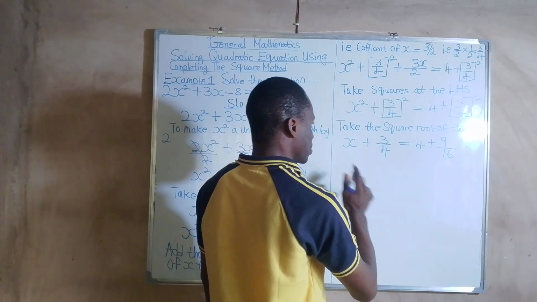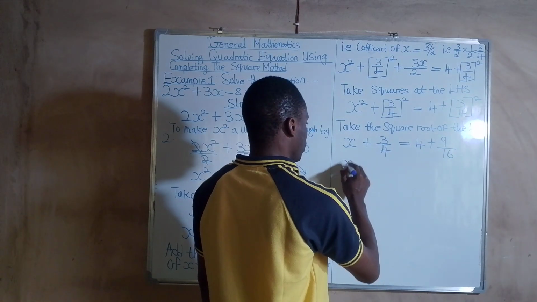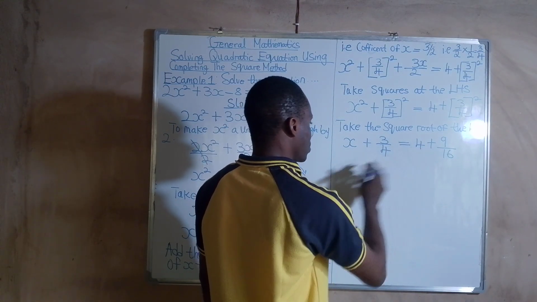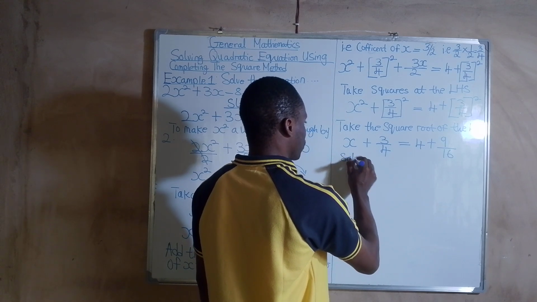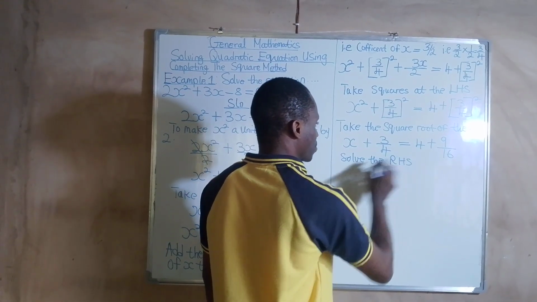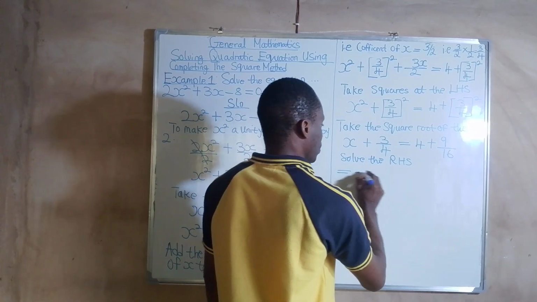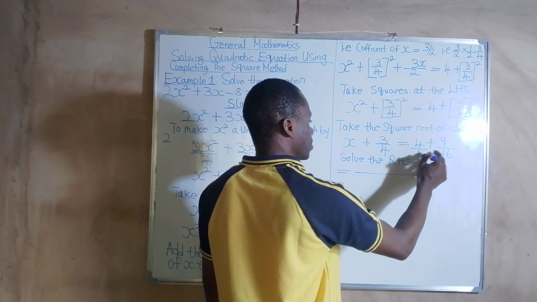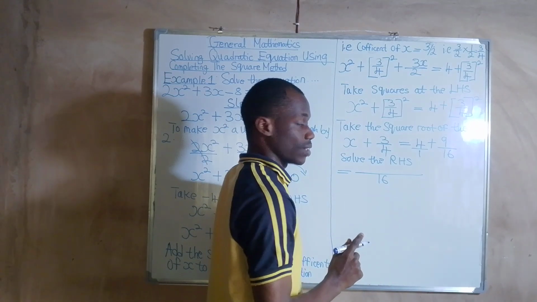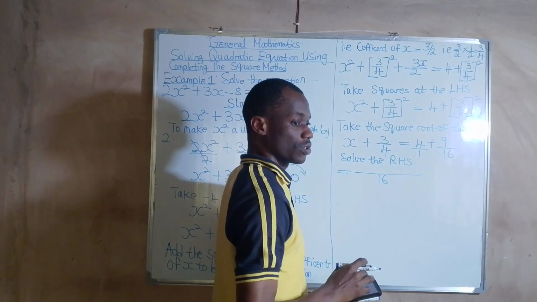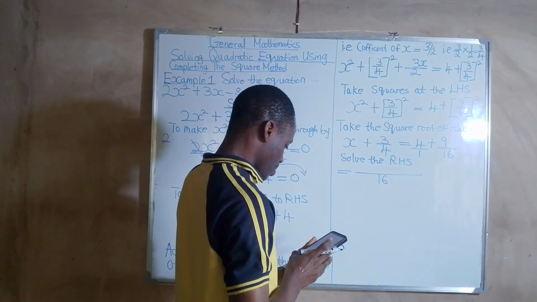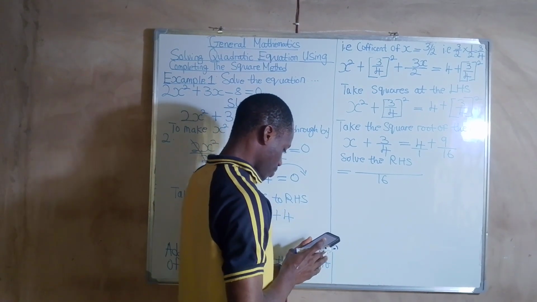Yeah. So let's say x, or you can leave this part first, just do this. Solve the right hand side. So we are solving the right hand side. The LCM of this and this is 16. 16 divided by 1 is 16, right? Yeah. Then 16 times 4 should give us what? That should be 64.